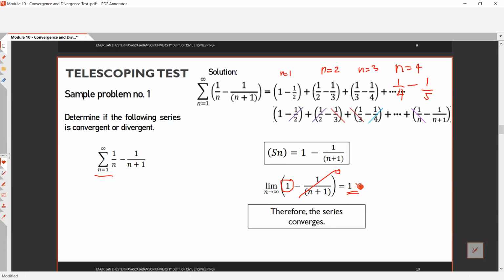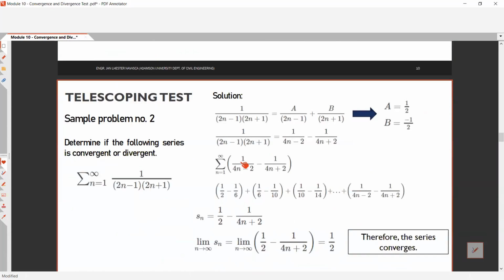Any number that is finite, that is converging. Do you have questions for the telescoping test for this sample problem? Is that clear ba? Yes po. Okay.